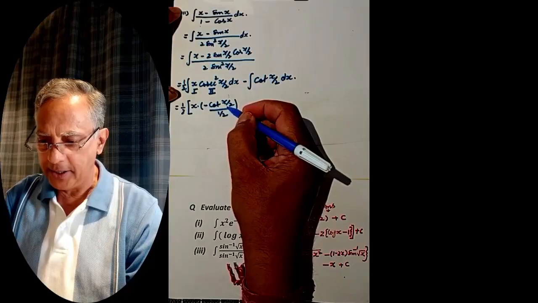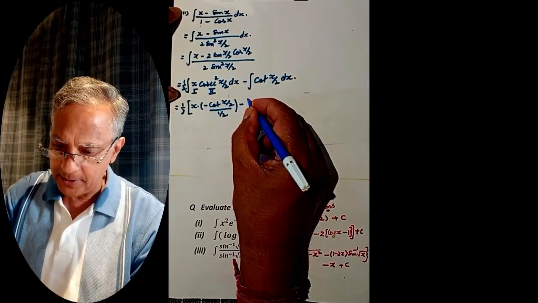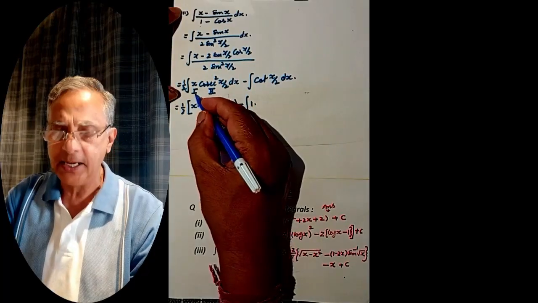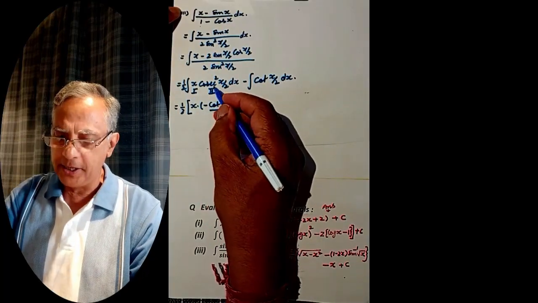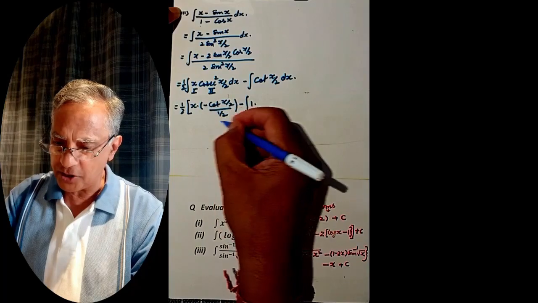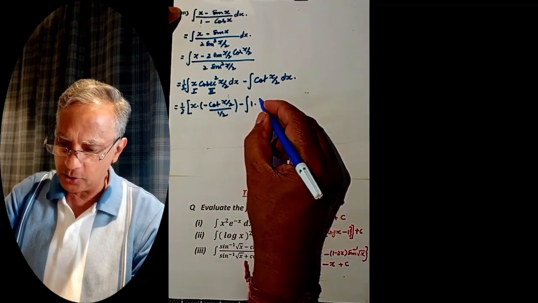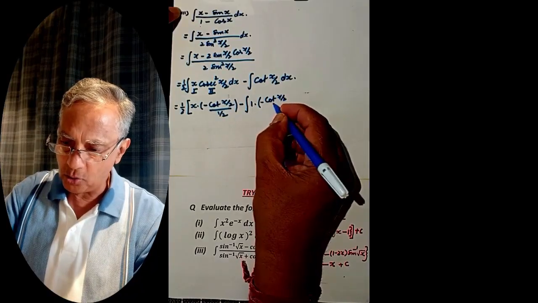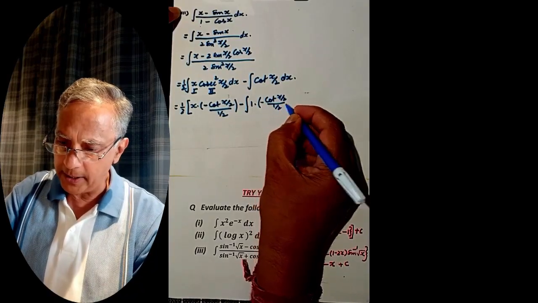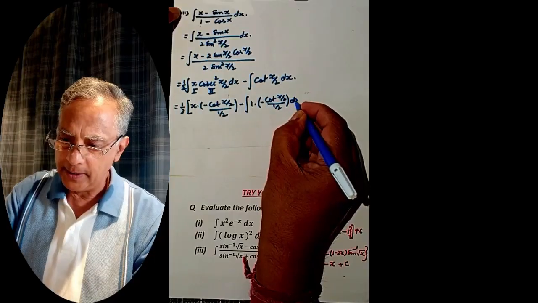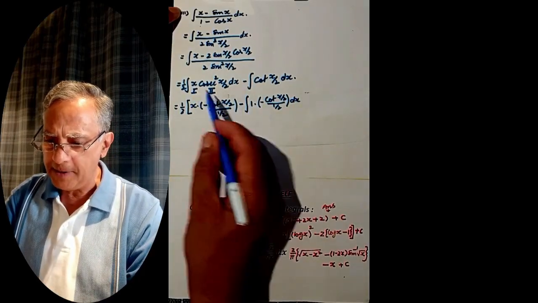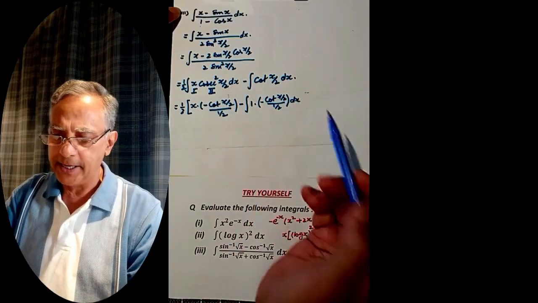First function into integral of second, minus integral of differentiation of first into integral of second. Differentiation of x is 1, into integral of second, which is the same as this, minus cotangent x by 2 divided by 1 by 2 dx.